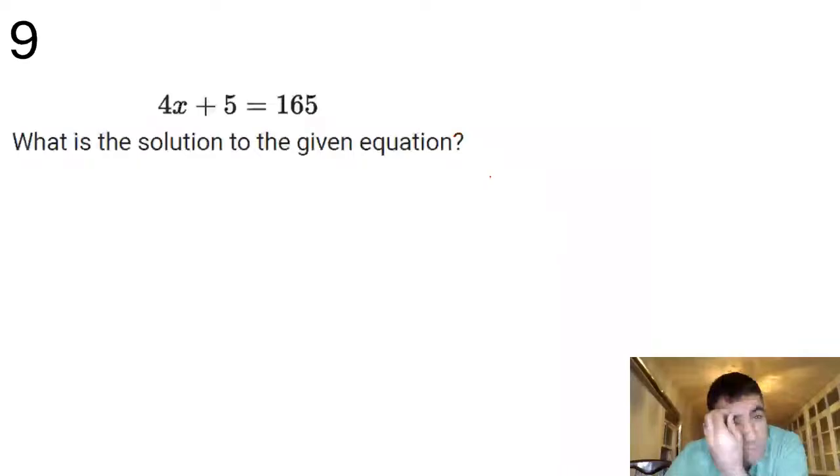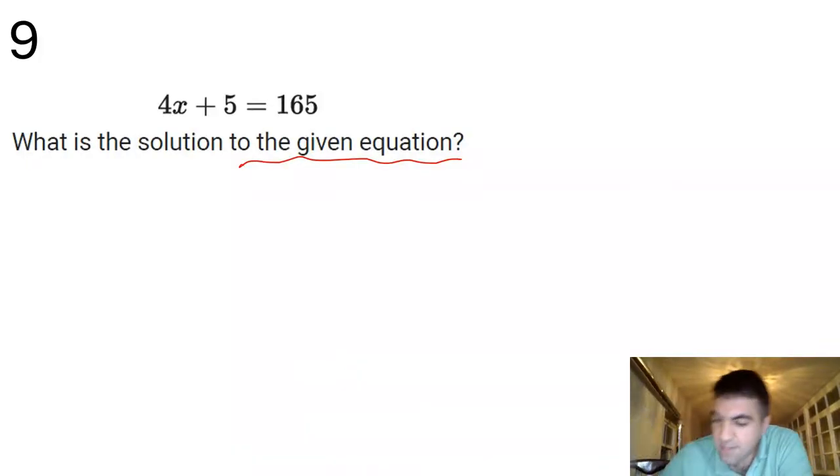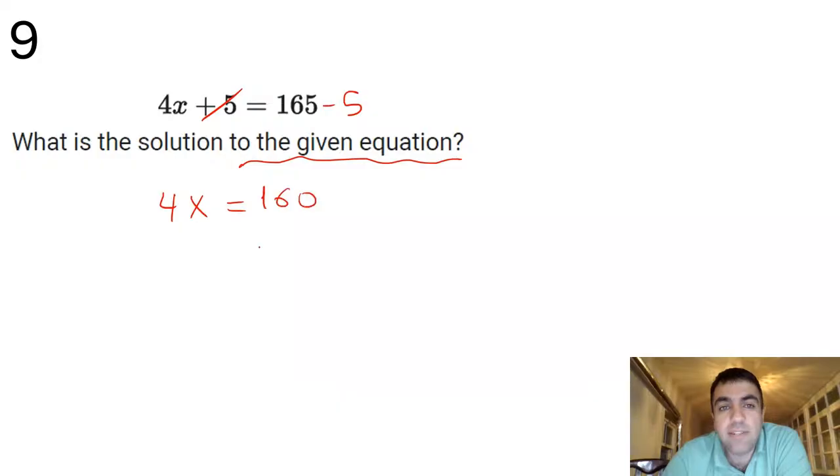Ninth question, what's the solution to the given equation? Fear says 40. 4x is equal to, if it is plus on the left side, it should be minus on the right side, 160.